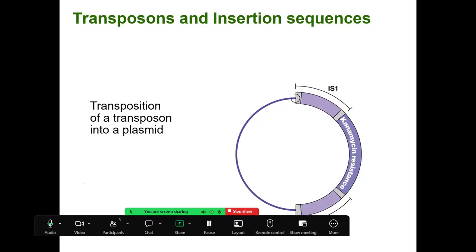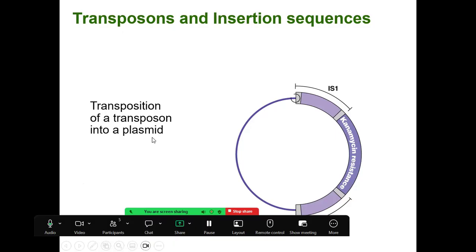Transposons are important because they can move from the chromosome into a plasmid. And then the plasmid is much more likely to be spread in a population of cells, meaning plasmids are much more likely to be spread among cells than the chromosome itself.